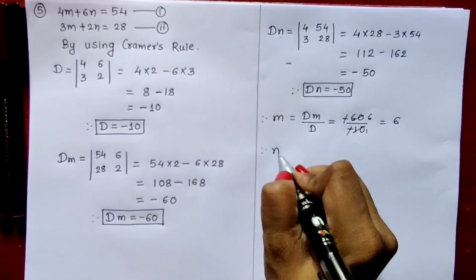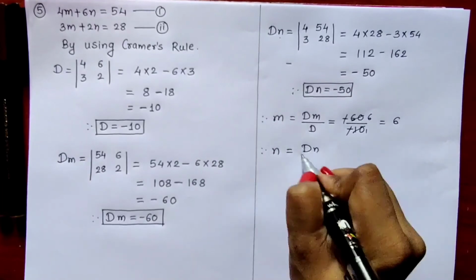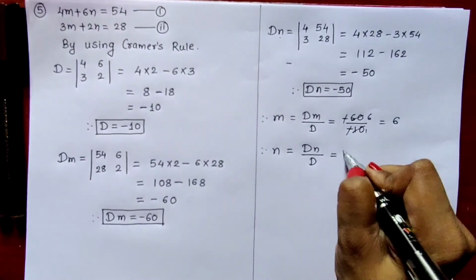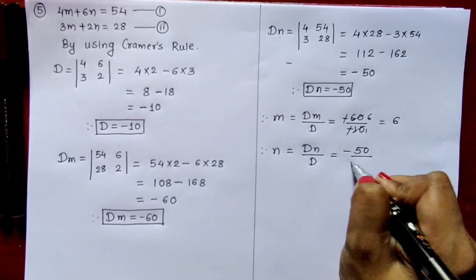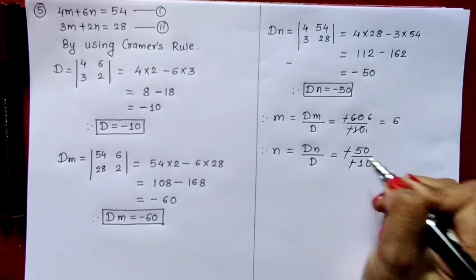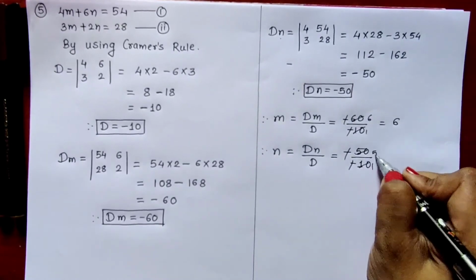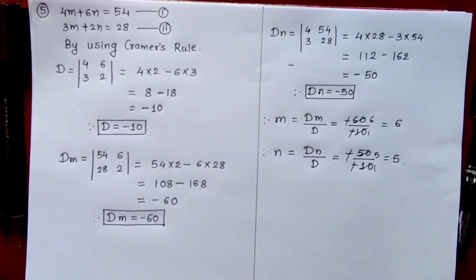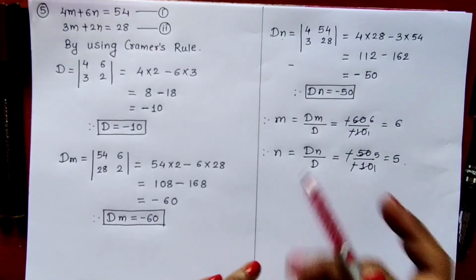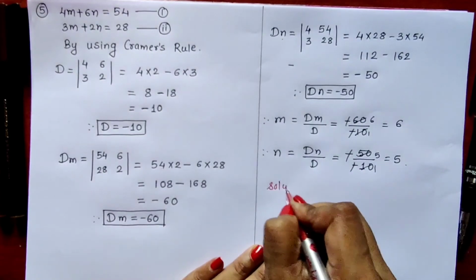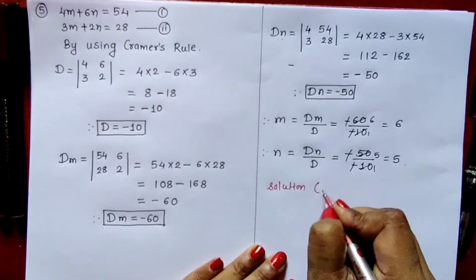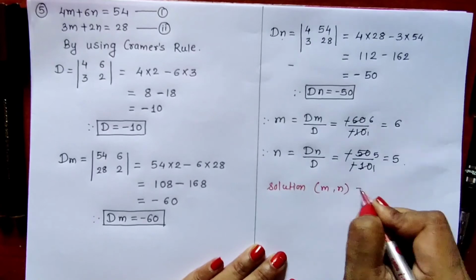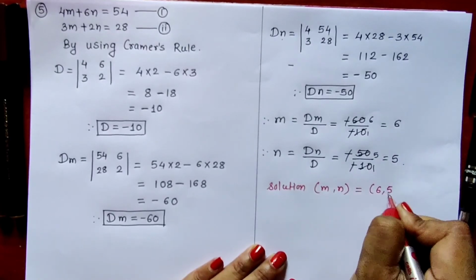Now n value, dn upon d is equal to minus 50 upon minus 10, again minus minus cancel, 10 1s are 10, 10 5s are 50, that means n is equal to 5. So in this way we have got the solution. m, n is equal to 6, 5.